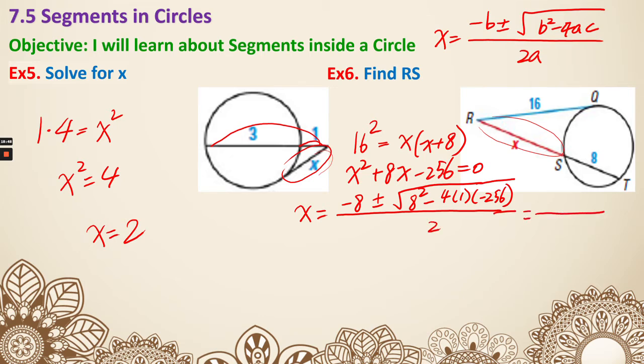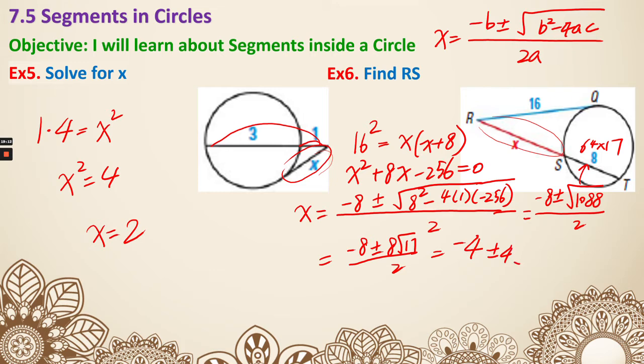That is going to be negative 8 plus minus, after calculation, the top is going to be 1088 all over 2. Simplify that, that actually is 64 times 17, so it's going to be 8 square root of 17 all over 2, which is going to be negative 4 plus minus 4 square root of 17.